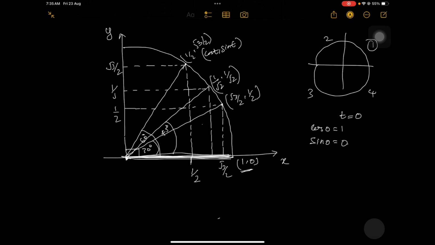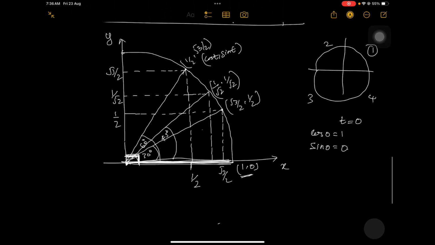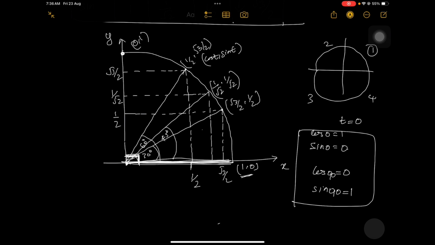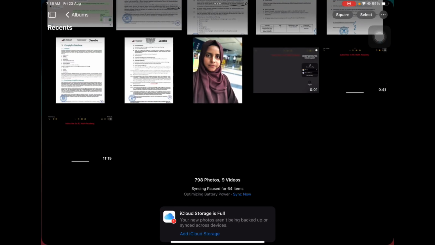And then the 90 degree, cos 90 and sine 90 are obvious because we know this is a vertical point. This is 0 comma 1. So cos 90 is 0, sine 90 is 1. These are the obvious points which we can get.